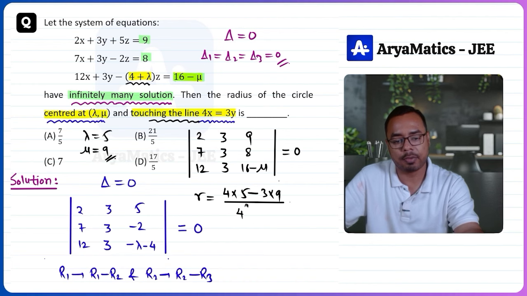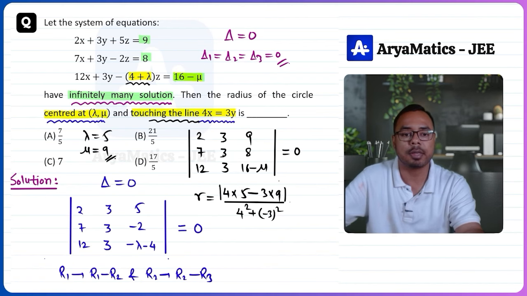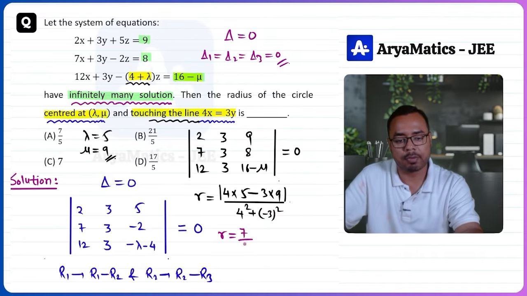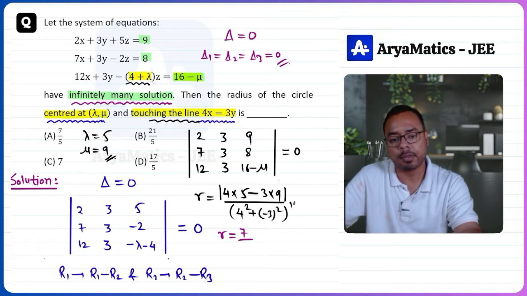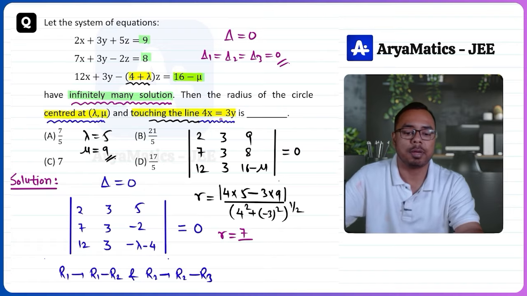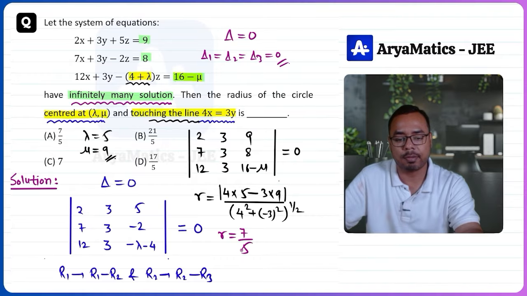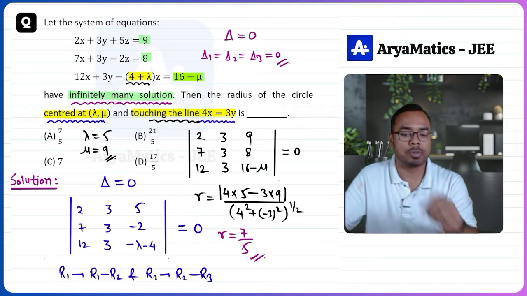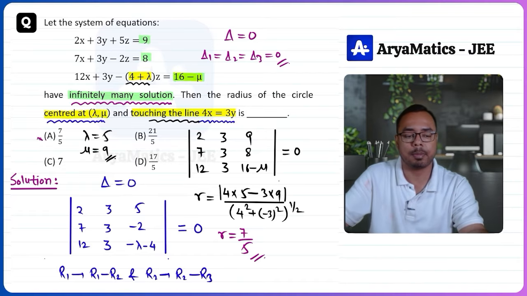So in the denominator we have root over 4 square plus minus 3 square, and obviously in the numerator we need to take the modulus of this thing. So clearly you can see that this will be 20 minus 27, so that is 7, and root over 4 square plus 3 square will be 5. So that should be the radius of the circle, 7 by 5.